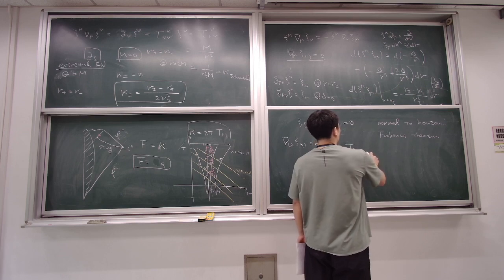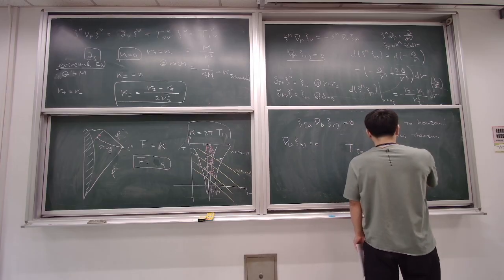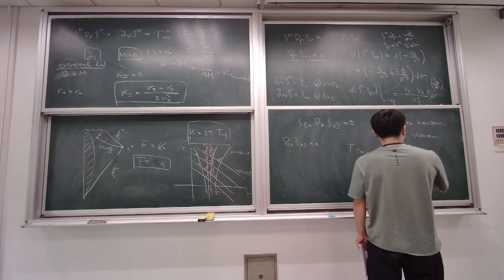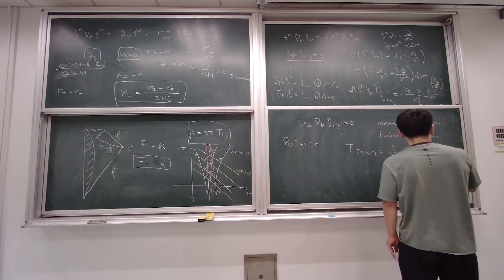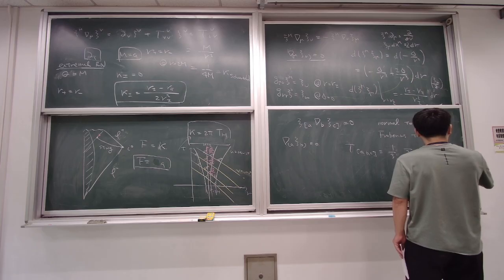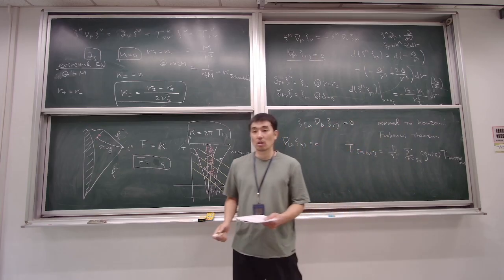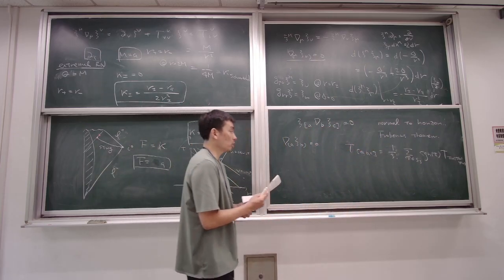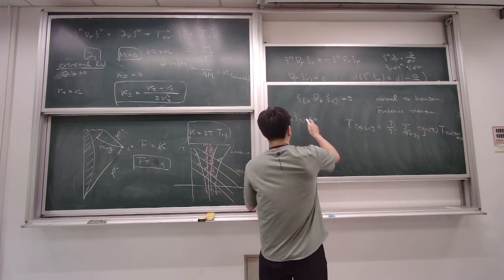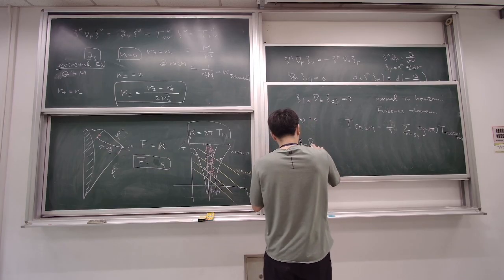T ABC means the sum over 1/3 factorial, sum over pi in the symmetric group, signature of pi, and T pi A, pi B, pi C. So this is the totally antisymmetric notation for this tensor. If you use this Frobenius theorem result, and plug in the Killing equation, what you get is this one.